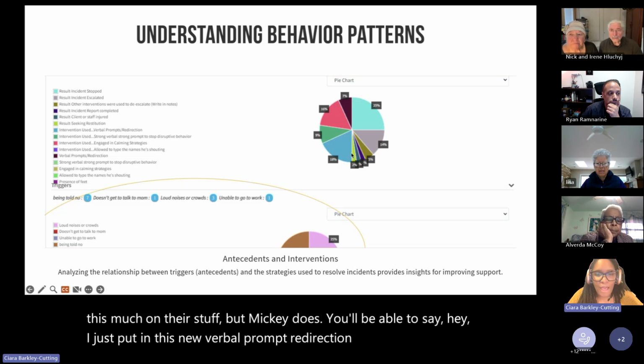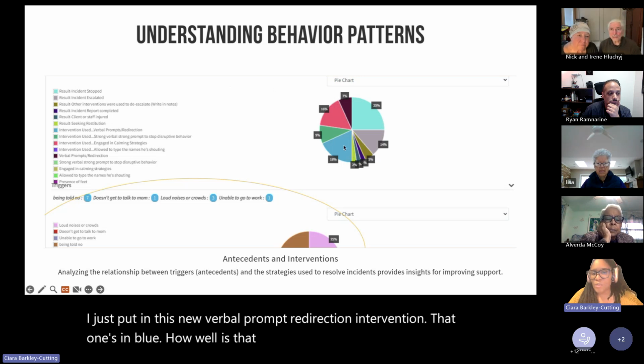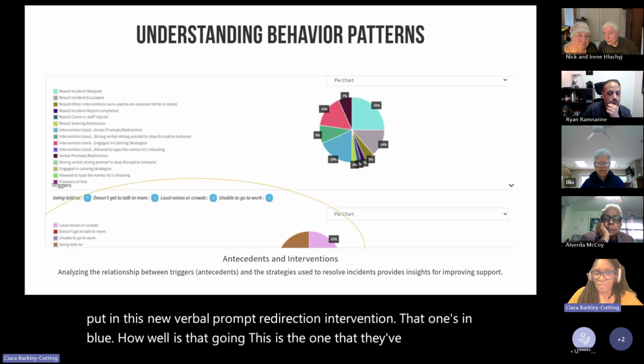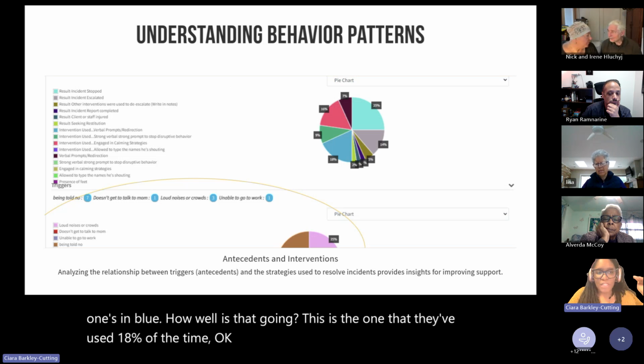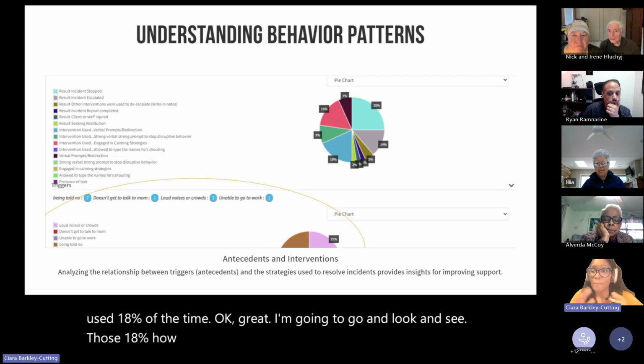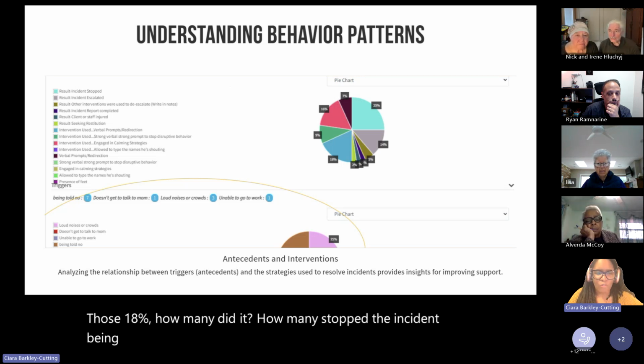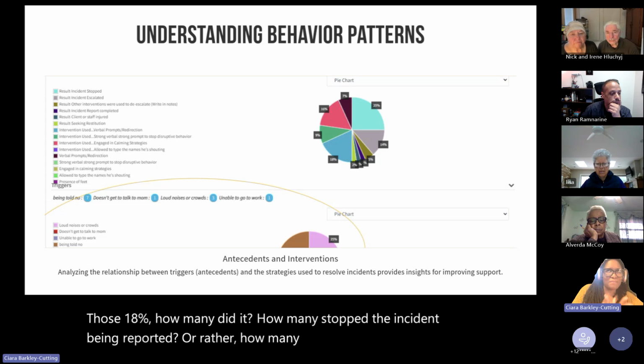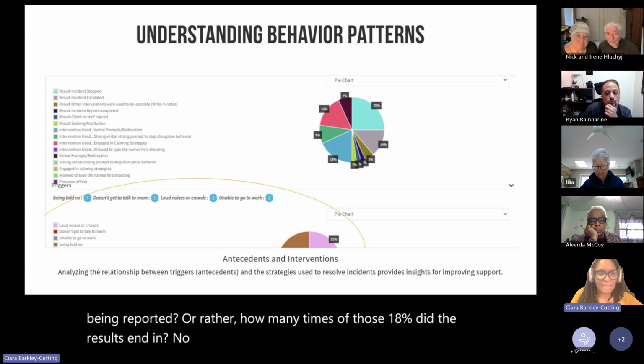That one's in blue. How well is that going? This is the one that they've used 18% of the time. Okay, great. I'm going to look and see, of those 18%, how many stopped the incident being reported? Or rather, how many times of those 18% did the results end in no further escalations?